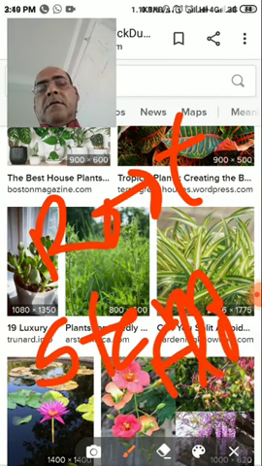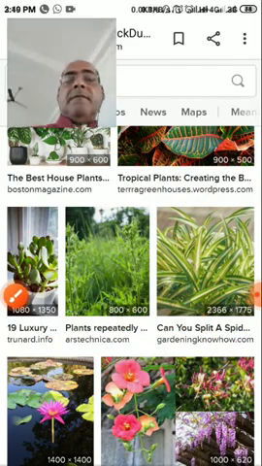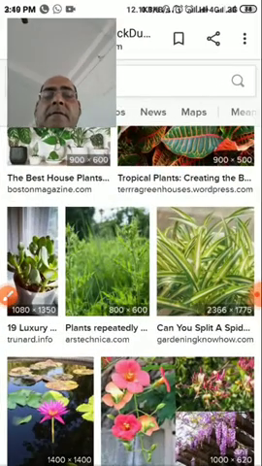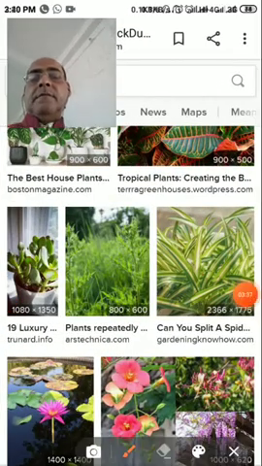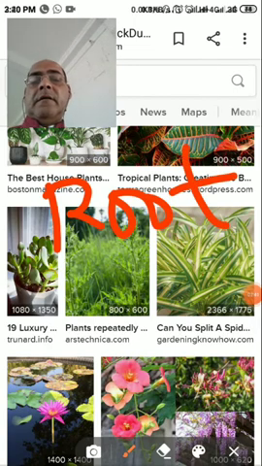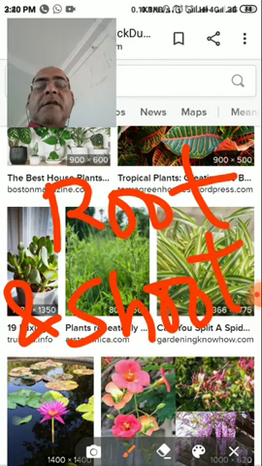So root and shoot are the two main parts. Root is underground, and shoot is found above the ground. So these are the root and shoot.